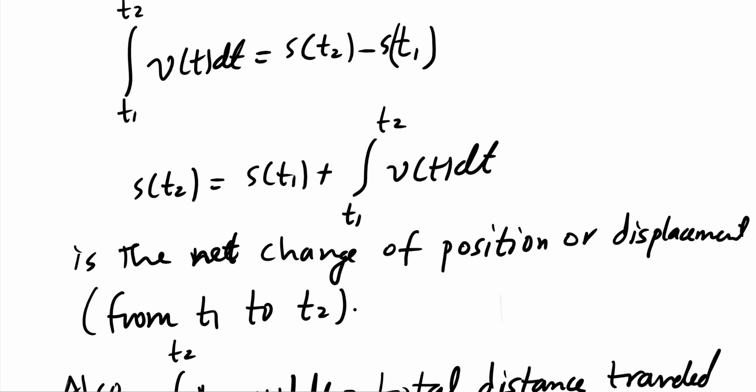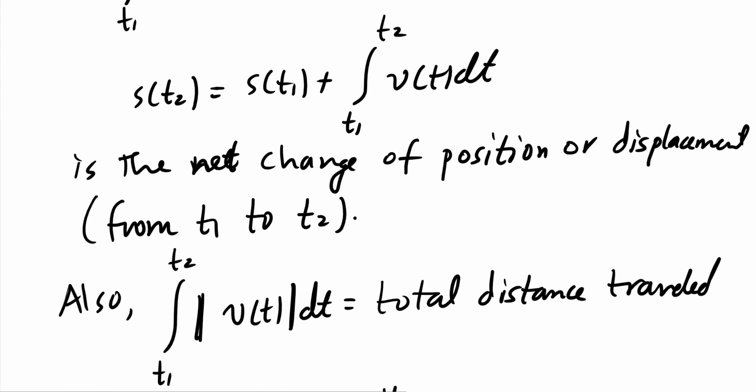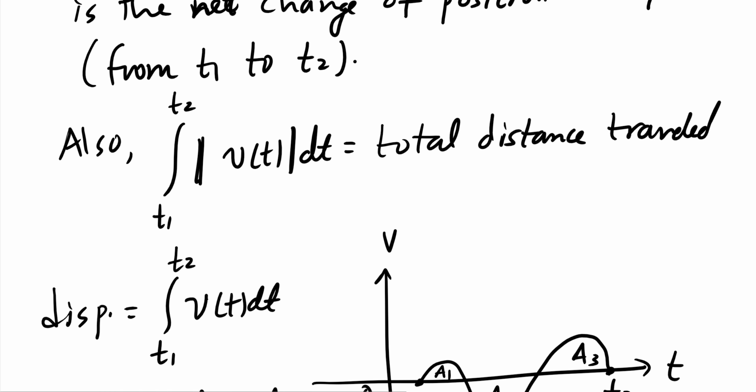Also we have the absolute value of the velocity integrated from t1 to t2. That calculates for us the total distance traveled by the particle from t1 to t2. So the integral of the absolute value gives us the total distance. If we need to find the displacement, we can just integrate with no absolute value, so the displacement would be the integral from t1 to t2 with no absolute value.